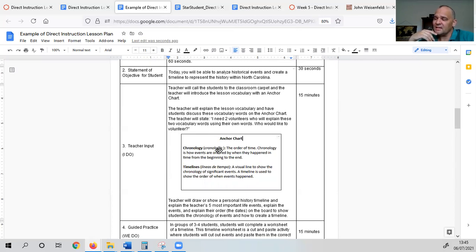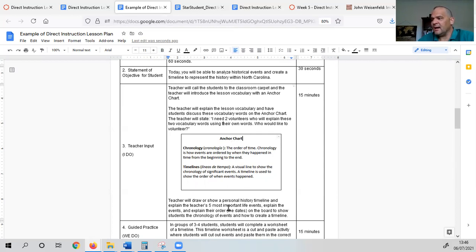So this would take about 10 to 15 minutes, where I explain the different vocabulary words that they're going to encounter and have students even put these vocabulary words in their own terms. This is where I would say, hey, I need 2 volunteers who explain these vocabulary words using their own words.